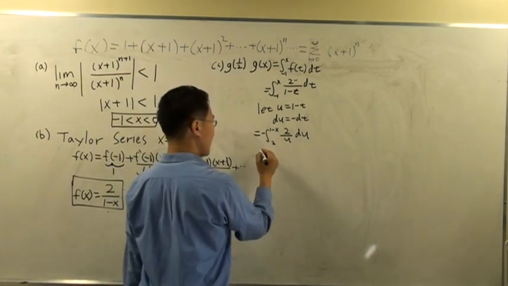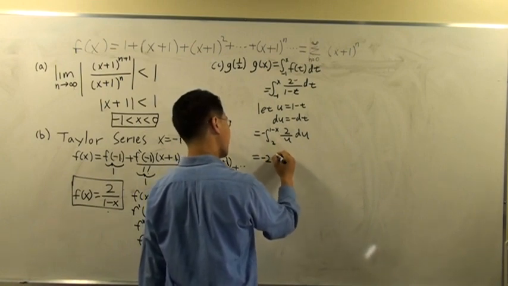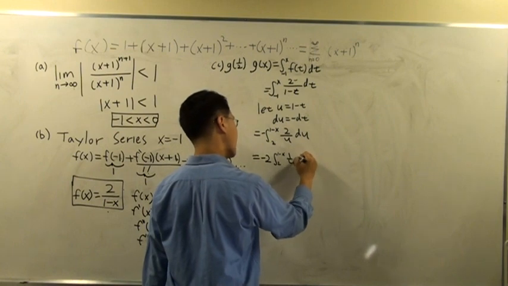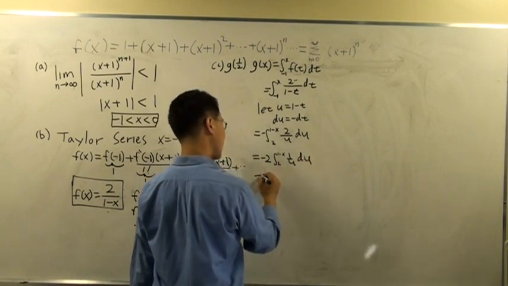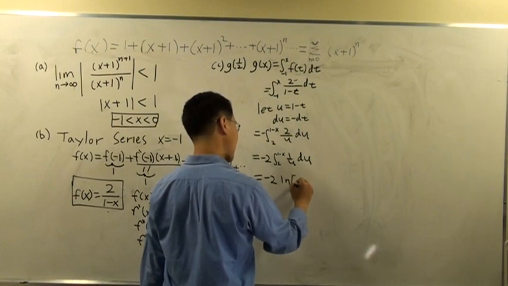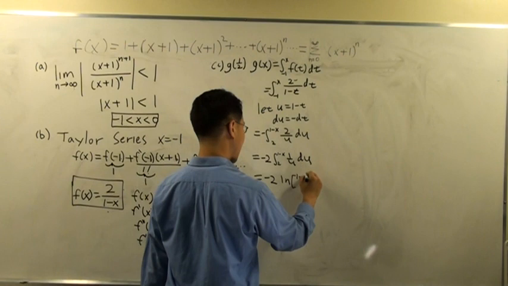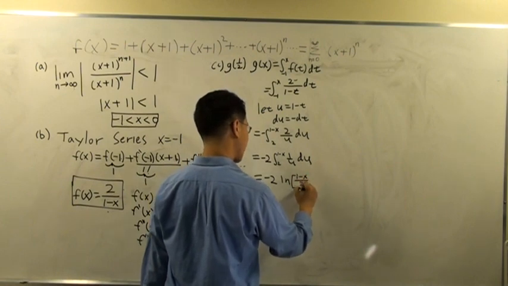Okay. And when we evaluate this integral, this is just minus 2 times the integral of 1 over u du, which is minus 2 ln of (1 minus x) over 2.